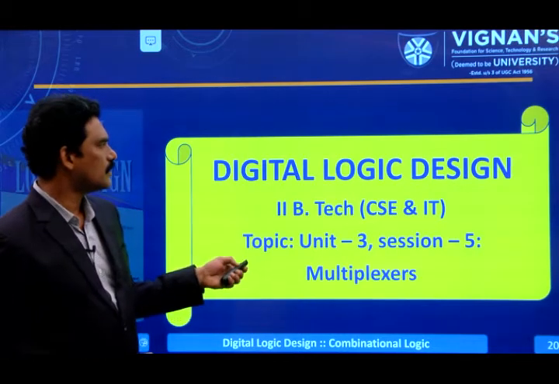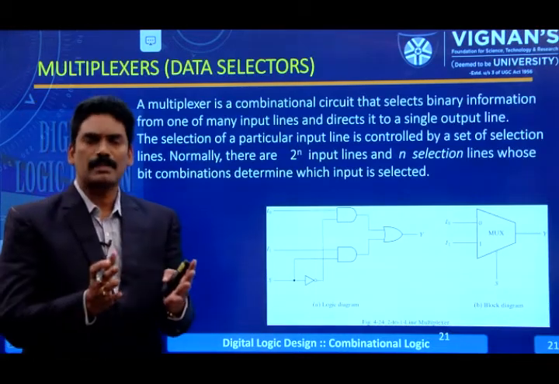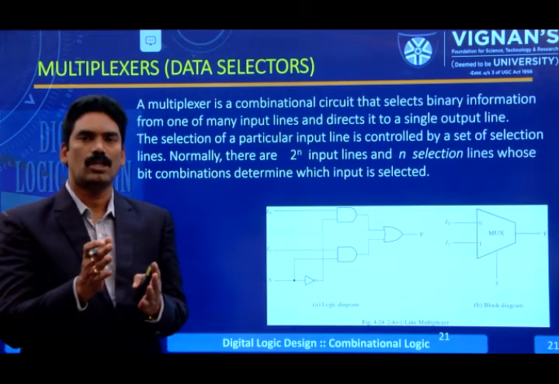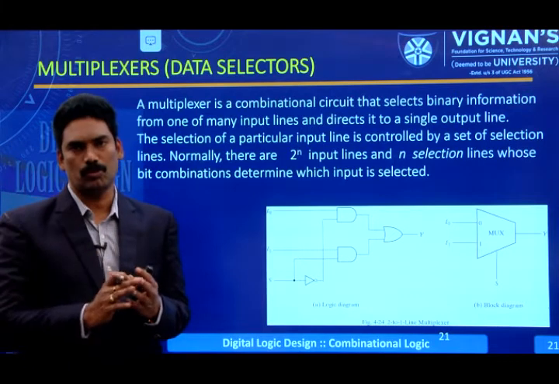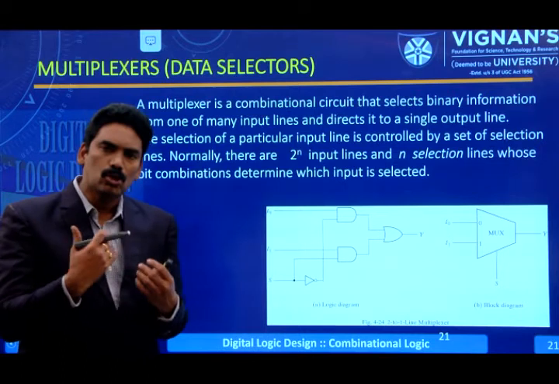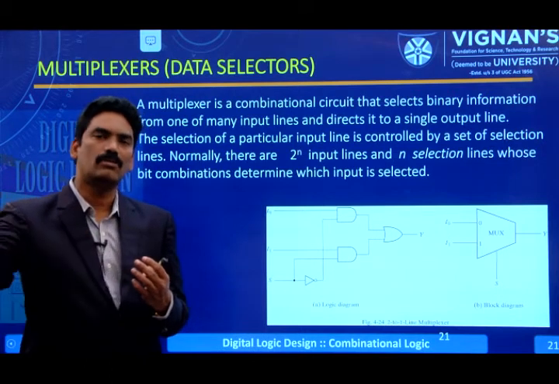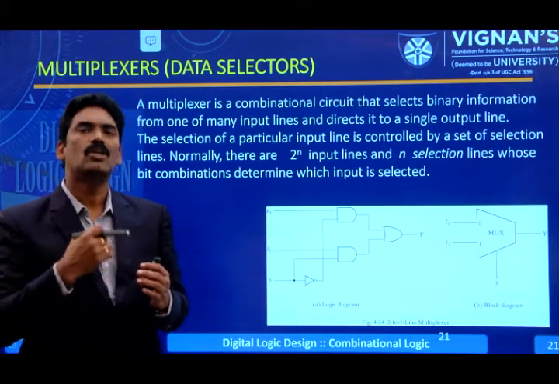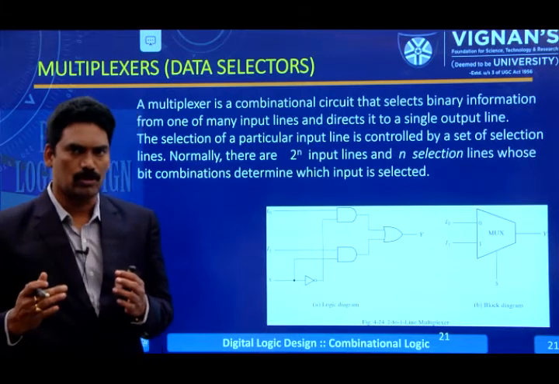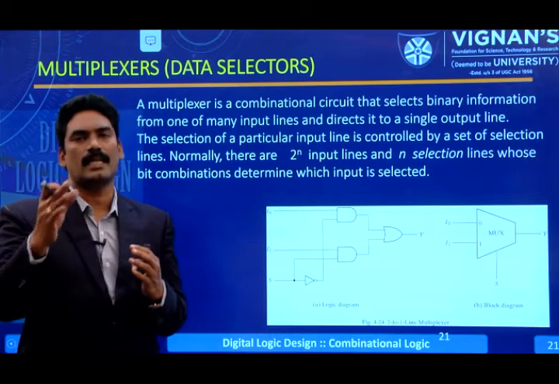A multiplexer is a combinational circuit which takes n inputs and produces only one output. If the number of inputs is 2 to the power of n, we need n selection lines.